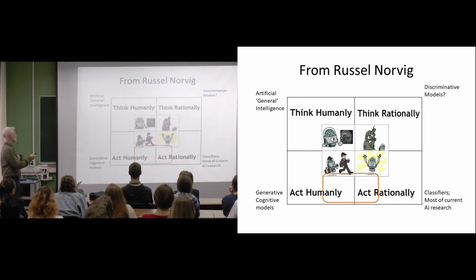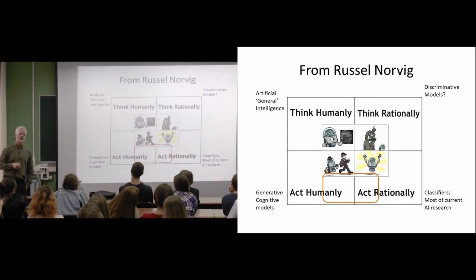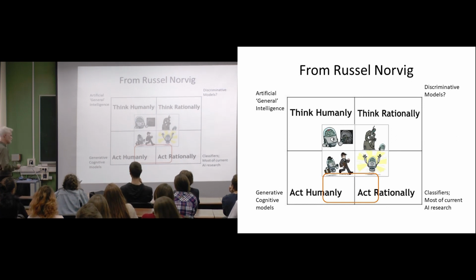The authors tried to divide the field of AI by what the goal actually is. You can have thinking or you can have acting, if you look at the different rows here, and you can have humanly or you can have rationally from the columns. By looking at the cross sections of these, you get different approaches.